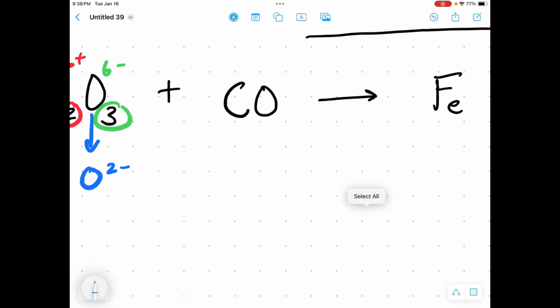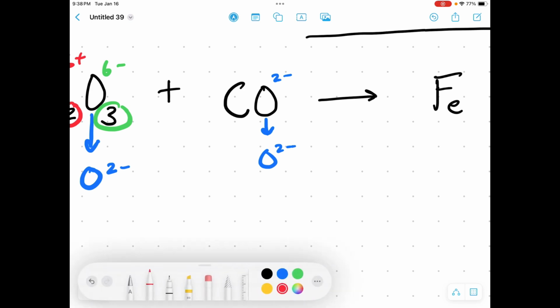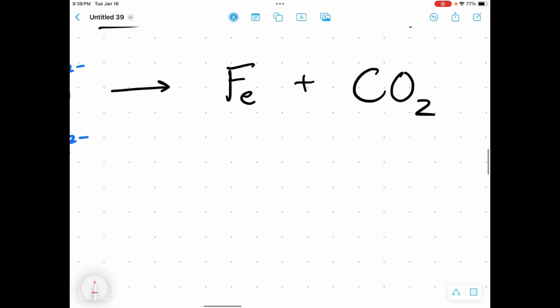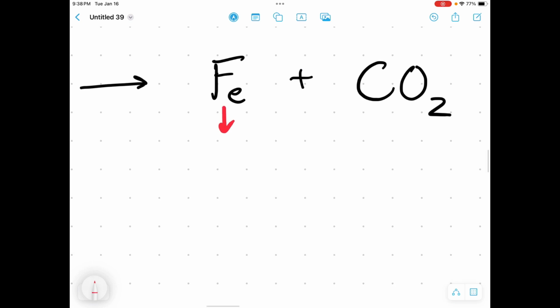Let's move on to this oxygen. Again, our rule, oxygen has to be negative 2. So overall contribution of negative 2. In order for this carbon to have that same contribution in the opposite direction, positive 2, this carbon has to be 2 plus. My iron, we already talked about that rule where if it's by itself, that oxidation state has to be 0.